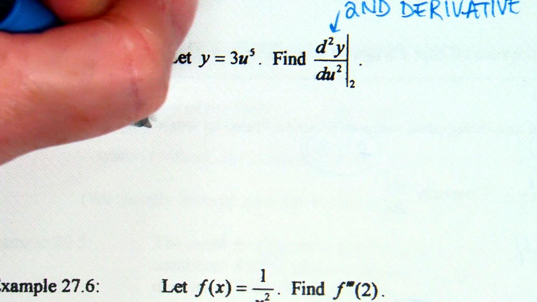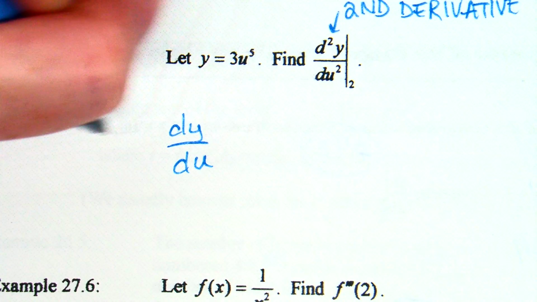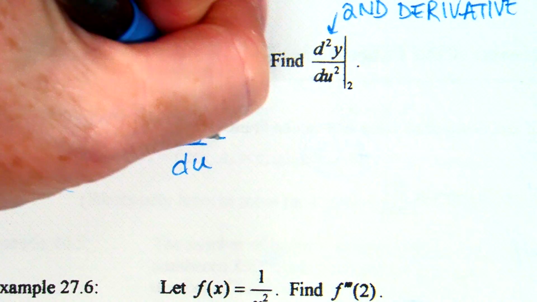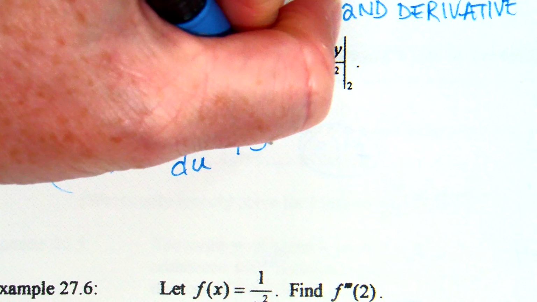So, let's start by finding dy du. In other words, let's start by finding the first derivative. If y is 3u to the 5th, do you guys know the first derivative? 15u to the 4th. Good. We bring the 5 out front. 5 times 3 is 15. Subtract 1 from the exponent, u to the 4th.